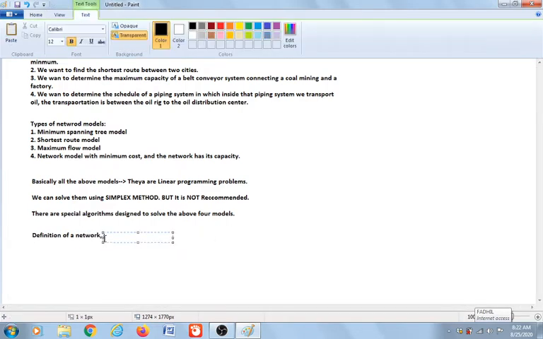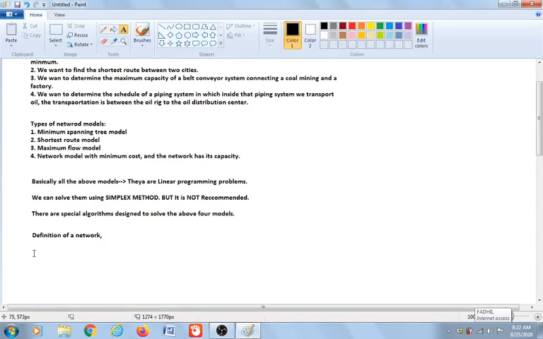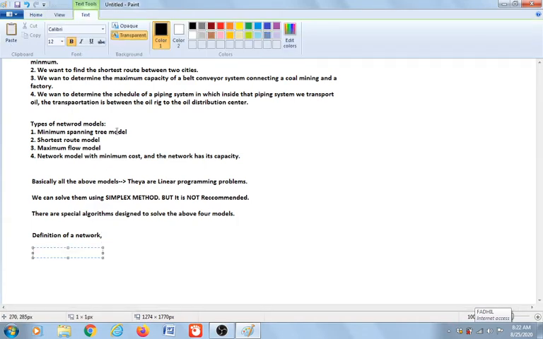Now, a network consists of nodes connected by arcs or branches. So a network consists of nodes connected by arcs or branches.